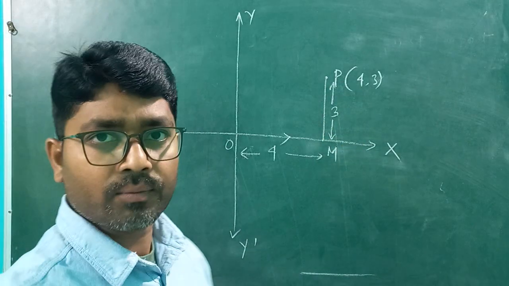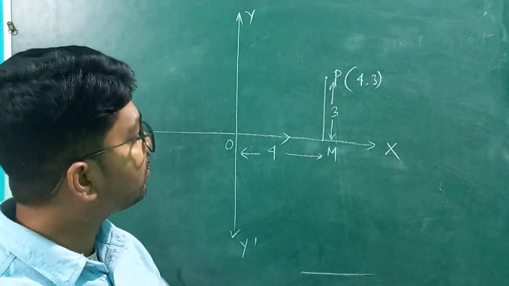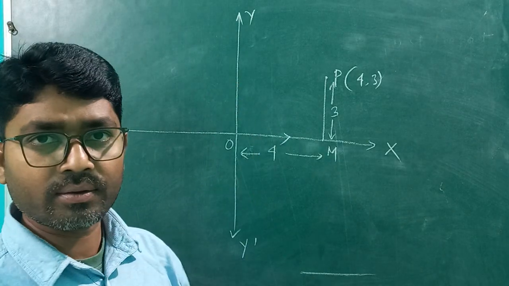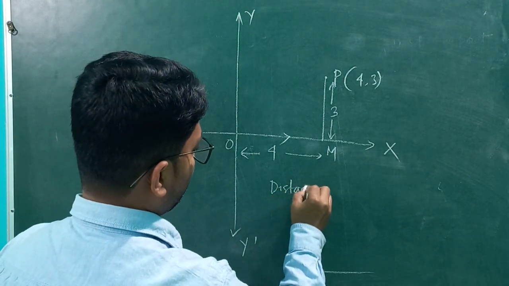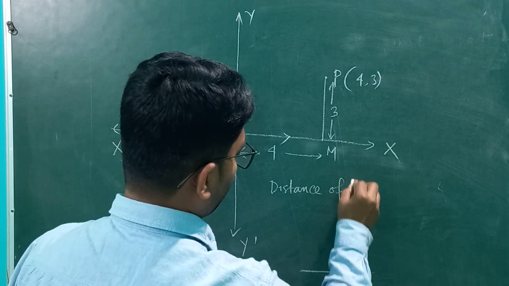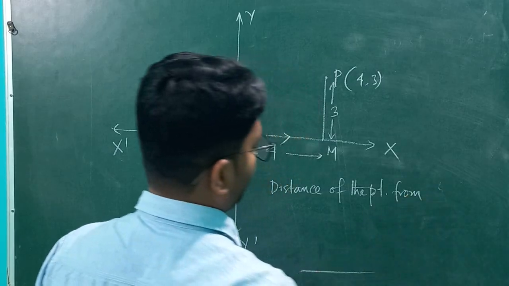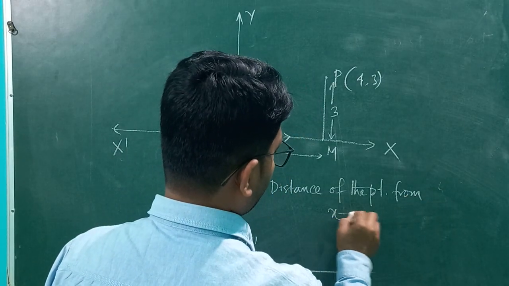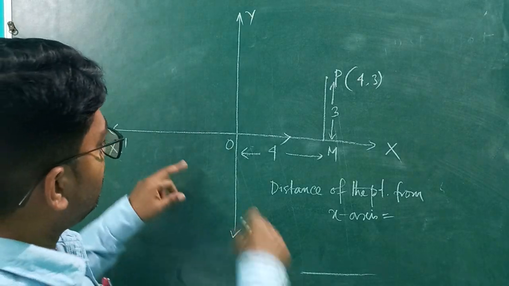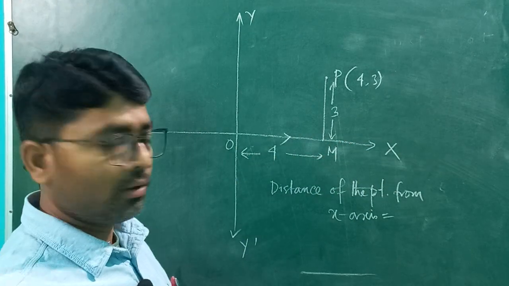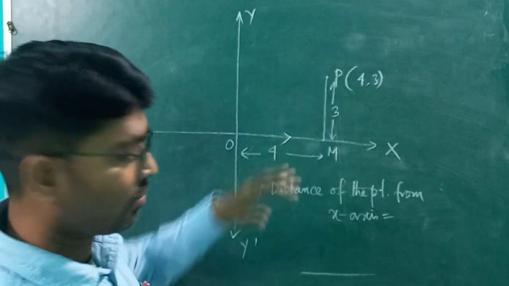Now, the question is, what is the distance of the point from the x-axis and what is the distance of the point from the y-axis? What should be the distance from the x-axis? The distance of the point from the x-axis is 3 units.